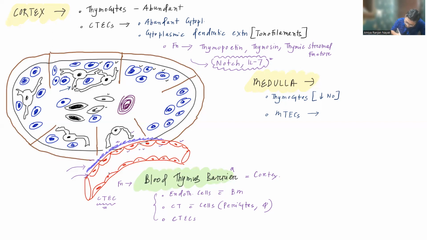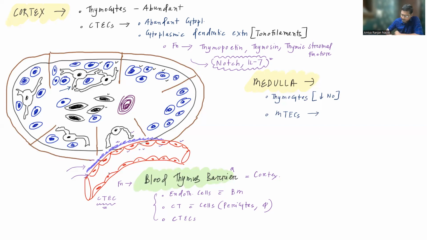You can also appreciate that they do not have cytoplasmic dendritic extensions. So these are three important points of difference between the cortical and the medullary thymic epithelial cells.